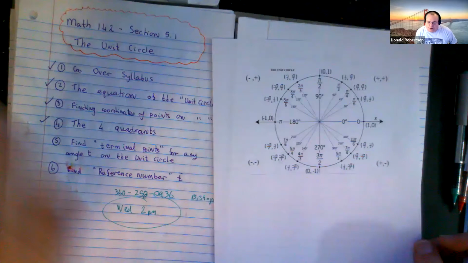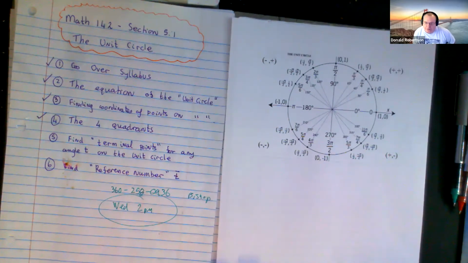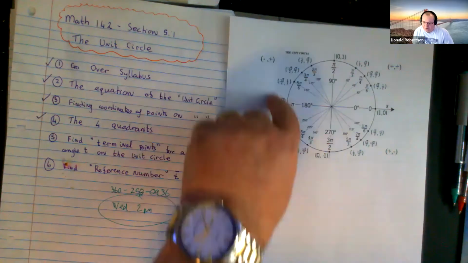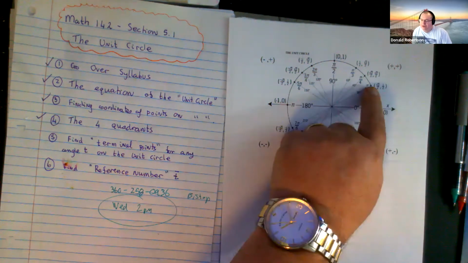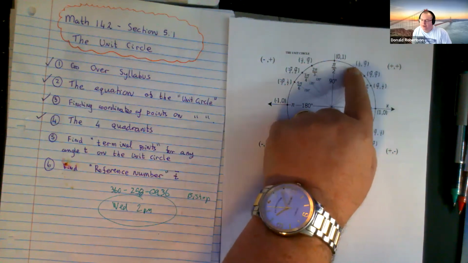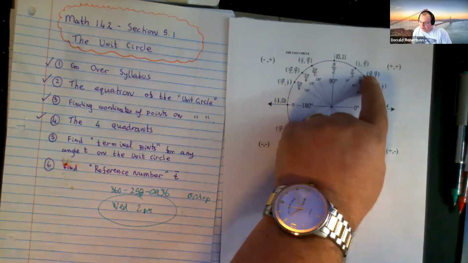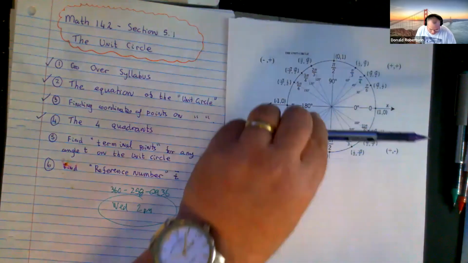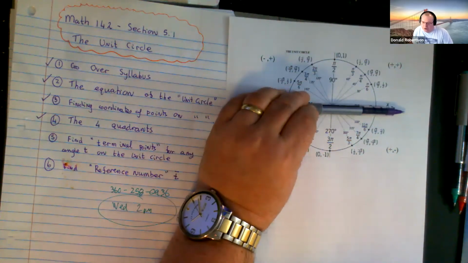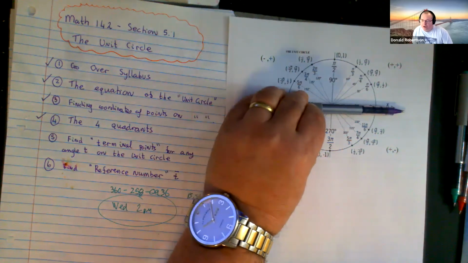What I have here is a copy of a unit circle, but it's got more information on it than just the blank one I started. In fact, it's got an awful lot of information. Some might think too much. But the thing I want you to focus on right now is, do you notice that these key points are telling you the coordinates? So can you imagine you drew a unit circle, and you start at the x-axis, and it seems a bit strange, but you always do it this way.